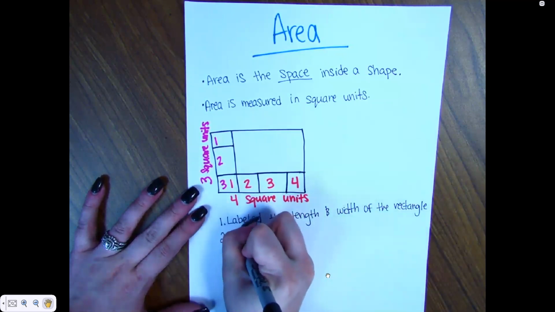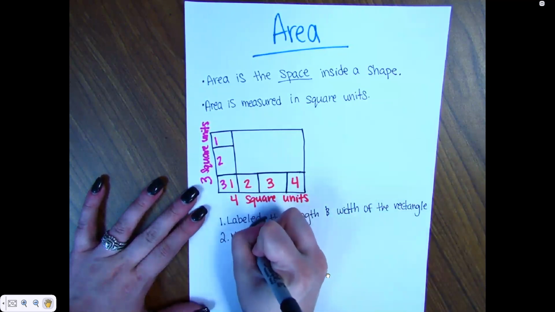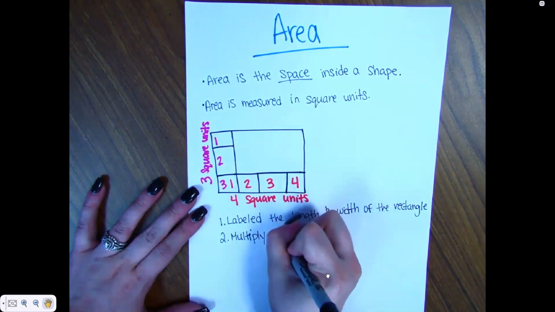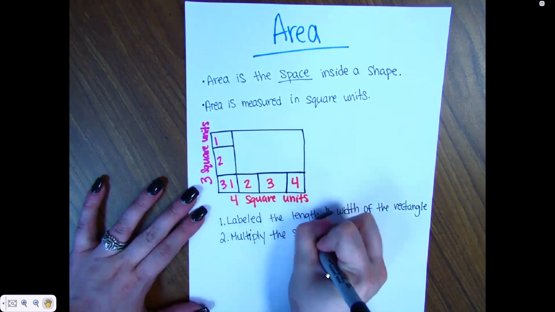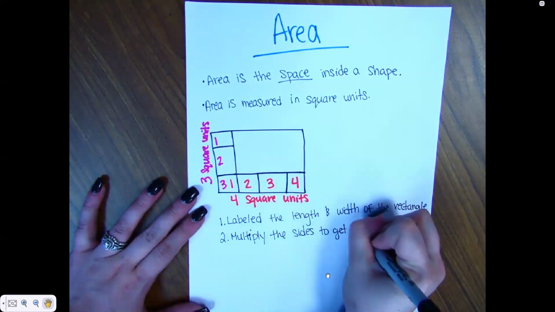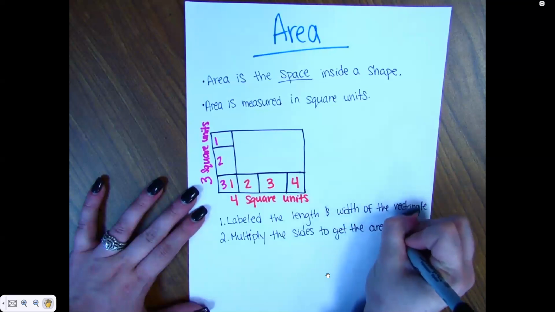Then we have to multiply the sides to get the area.